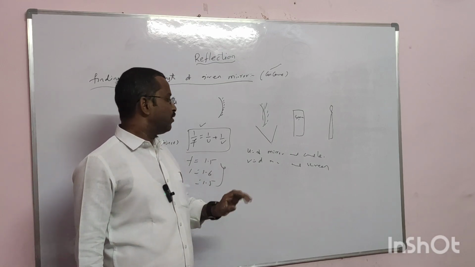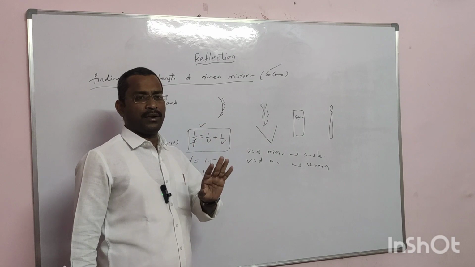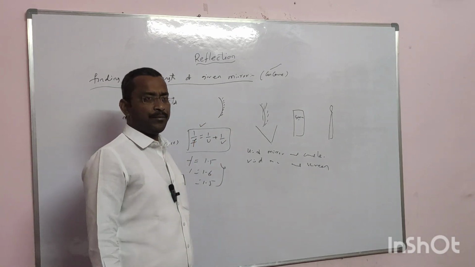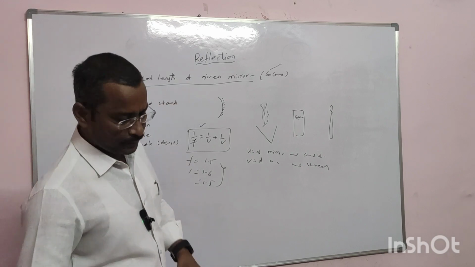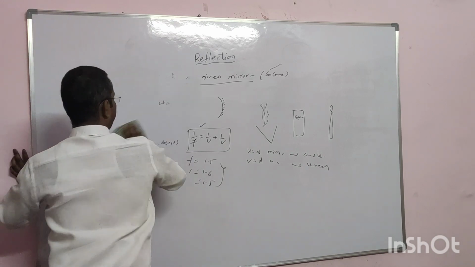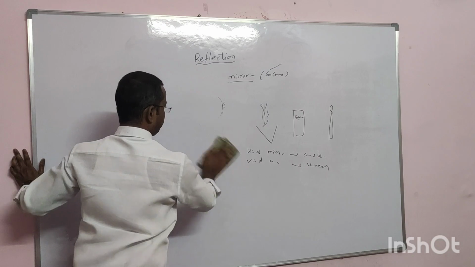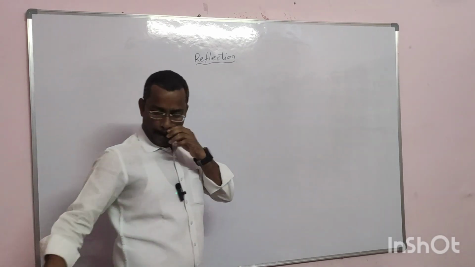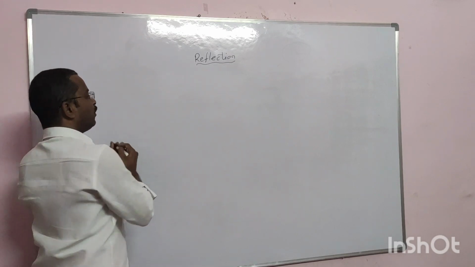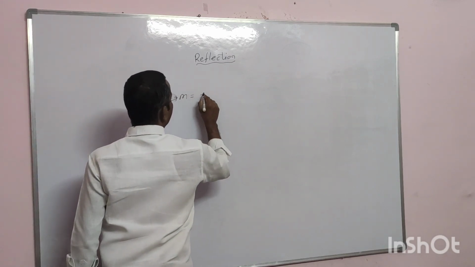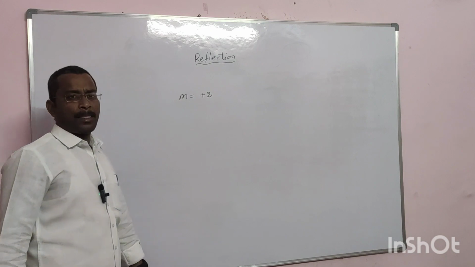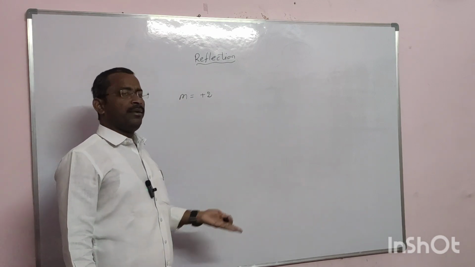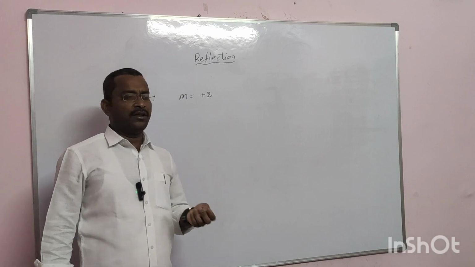I repeatedly inform you, sign convention rules must be applied. If you don't apply the sign convention rules, you may not get the value properly. And one more thing, sometimes a question is repeatedly asked about magnification. If a mirror is given to you whose magnification is going to be plus 2, what do you mean by it? The question is like this, sometimes plus 1, sometimes plus 2, sometimes plus 4.